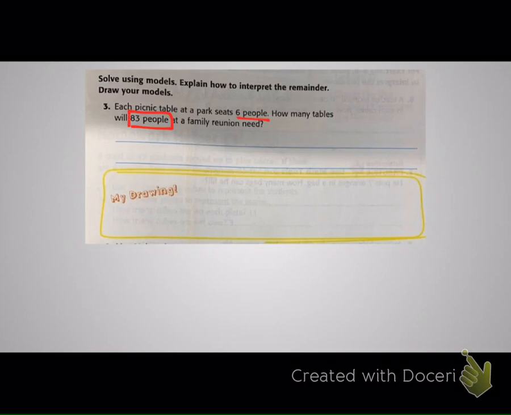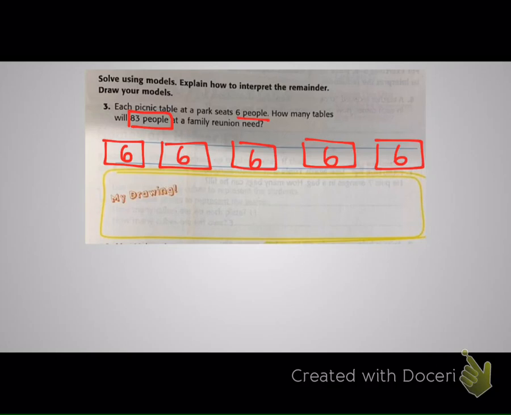Well, if each table seats 6 people, I'm just going to use, you know what, I should probably use a rectangle like this. So if each table can fit 6 people, I want to know how many tables I'm going to need, right? So I'm splitting our 83 people up here into groups of 6. So let's go ahead and divide that. Let's do that over here to the side.